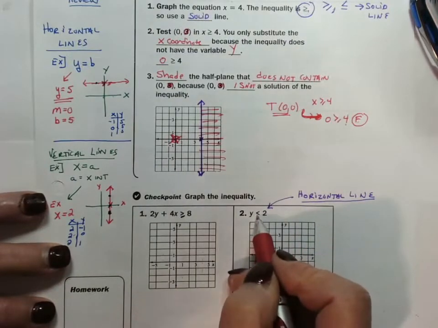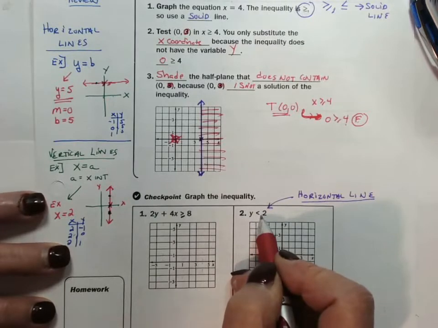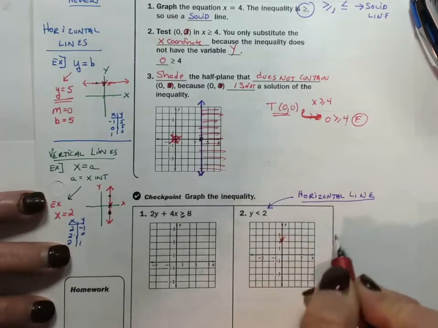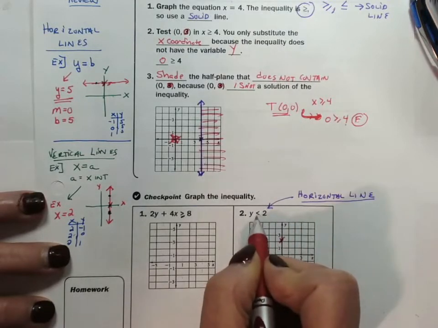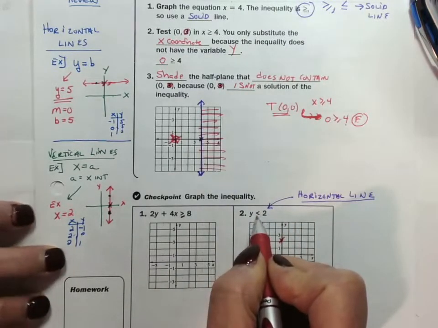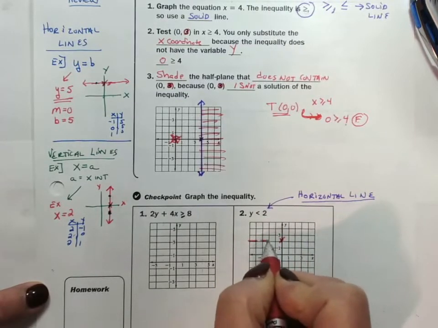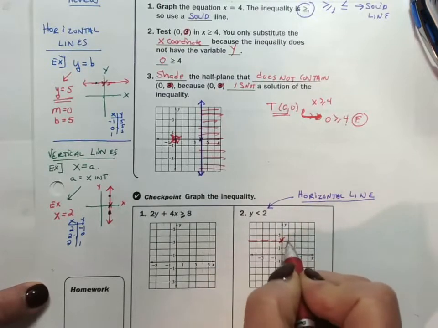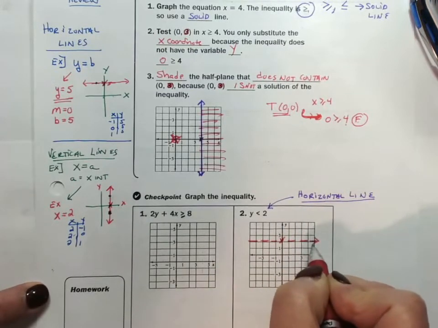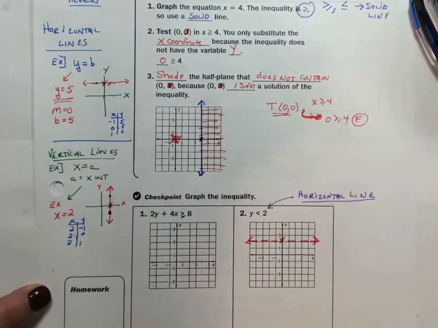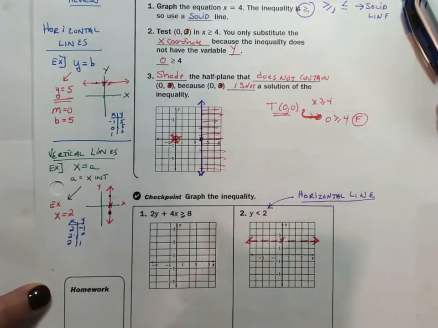Now I know this is going to be a horizontal line because it's y is less than 2. So my y-intercept is here. You ask yourself, is it dotted or is it solid? It's going to be dotted, because there's no equals. Then you have to figure out which side I'm going to shade.